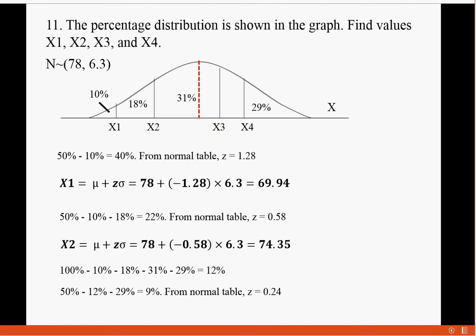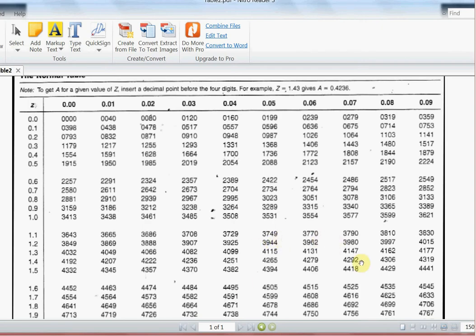You take this 9% to the normal table. Let's find out what is the corresponding z-score. Find the value closest to 9%.